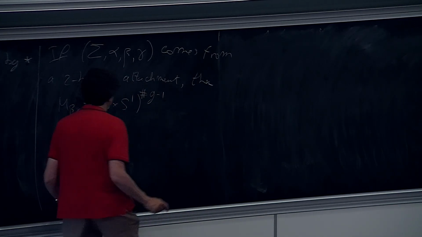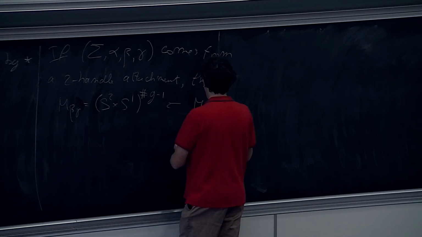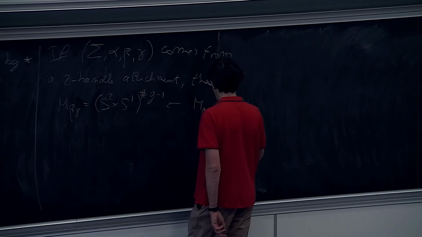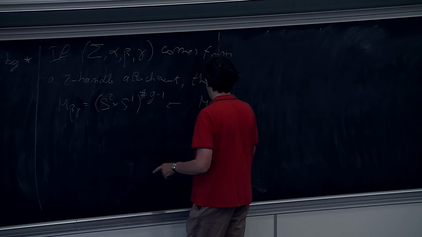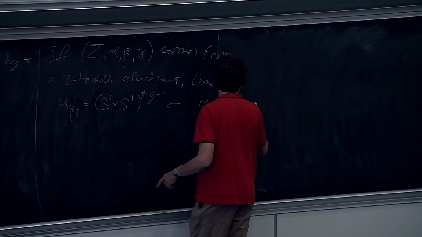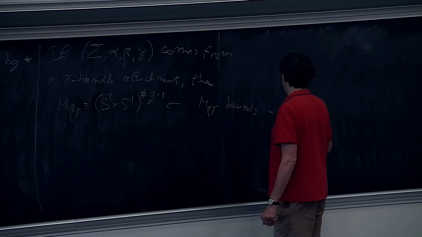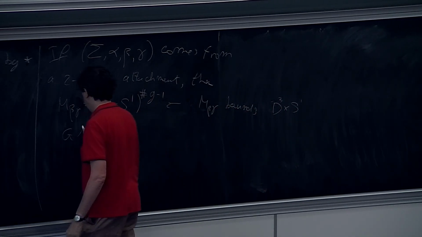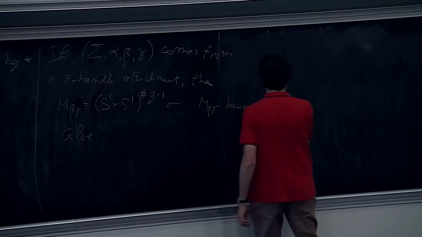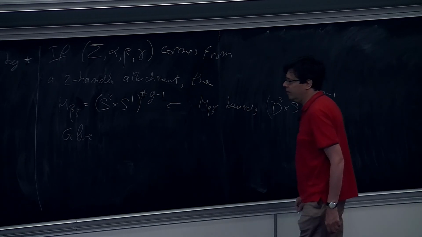But the point is, this M beta gamma bounds D3 times S1, boundary connected sum with itself g minus 1 times.